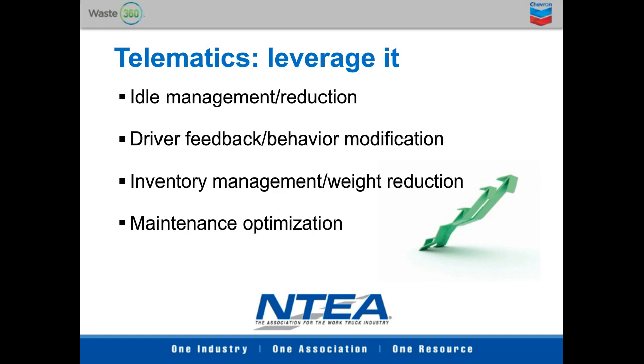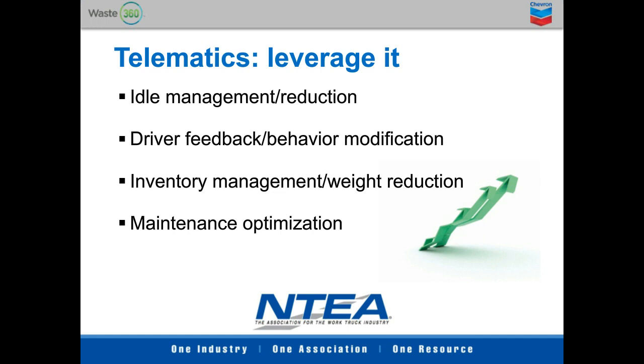Inventory management. If you're hauling cargo, there are telematic opportunities to know when, what, and where certain inventories are, and even go as far as calculating the approximate weight of what we're loading on trucks.